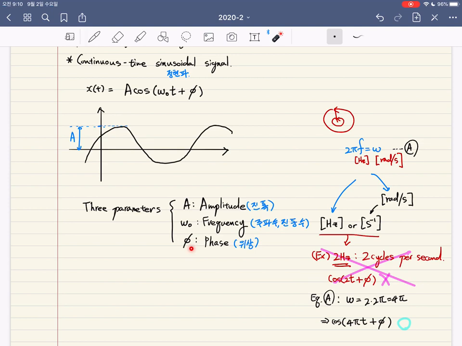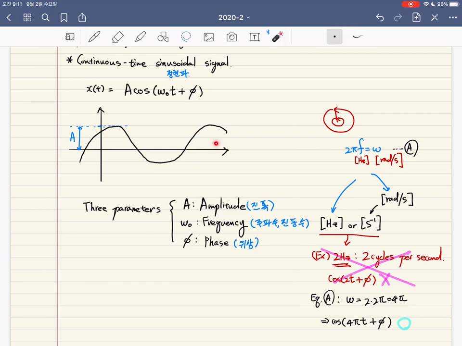So depending on the value of phase, the signal can be like this. If phi is 0, then the very top here would be the origin. It will cross the origin, but if we have some phi, then you may go like this, or you may go like this.